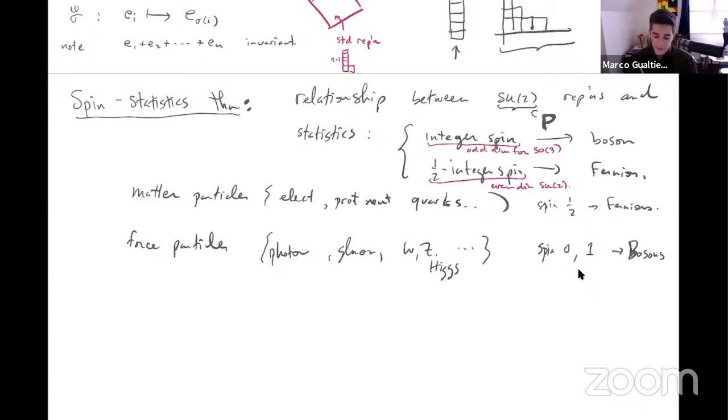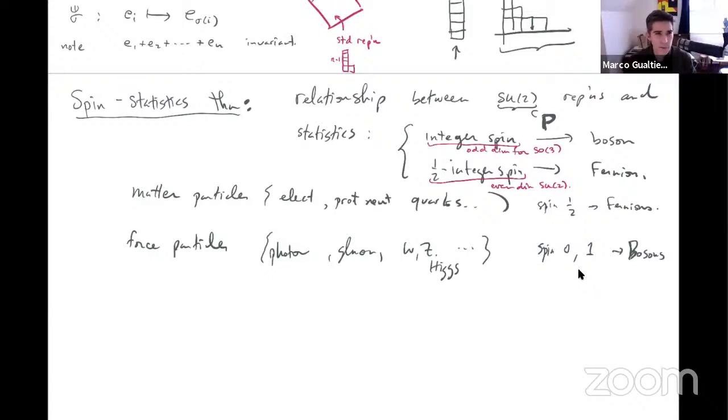Okay, so I don't want my statement to be confusing. Let me start again. Just because you have a quantum system that has dimension 2, like the qubit with two classical states, spin up and spin down, and just because you have an SU2 acting on that quantum system, it says nothing about the statistics.